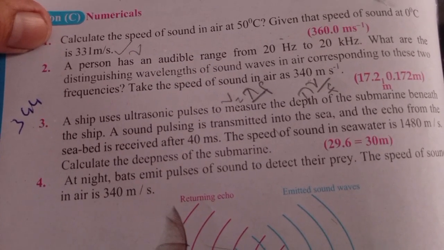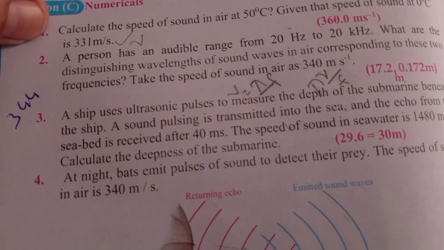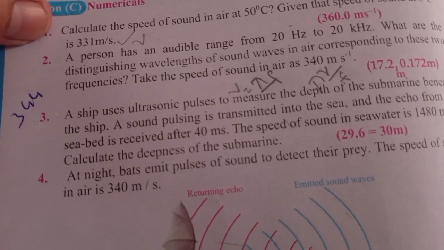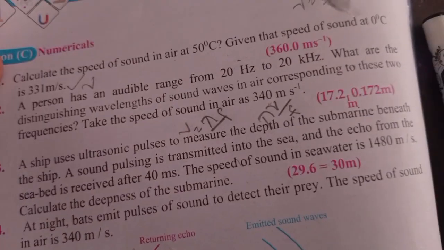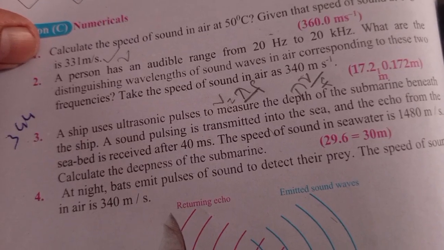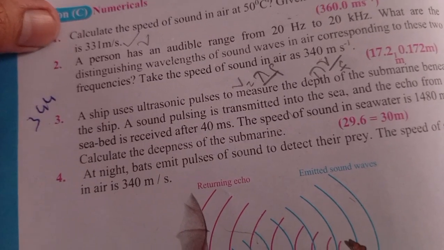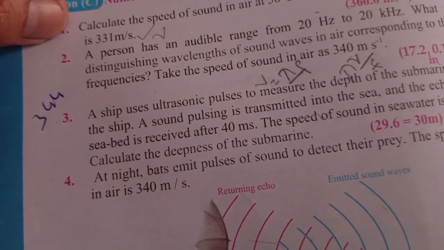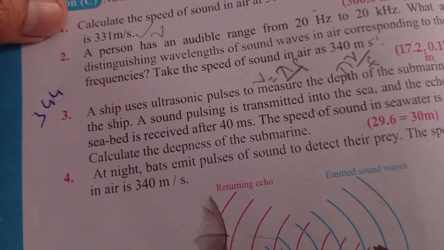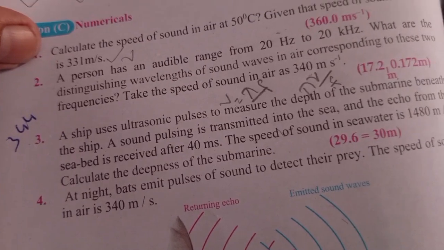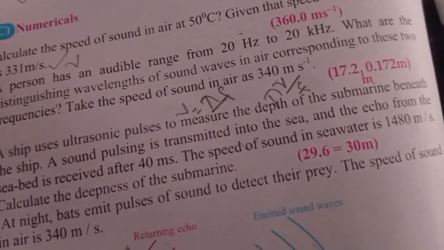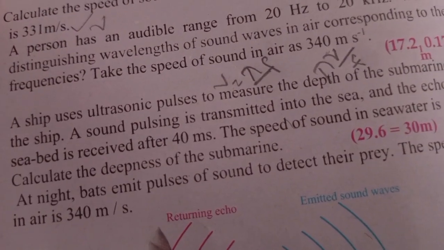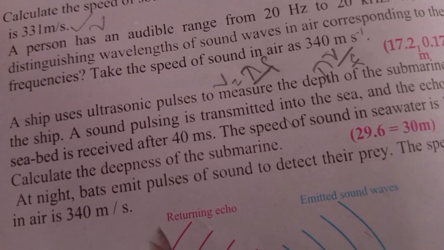A sound pulse is transmitted into the sea, and the echo from the seabed is received after 40 milliseconds. The speed of sound in seawater is 1480 meters per second. Calculate the depth of the sea.